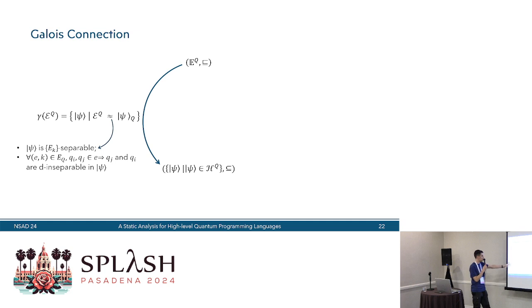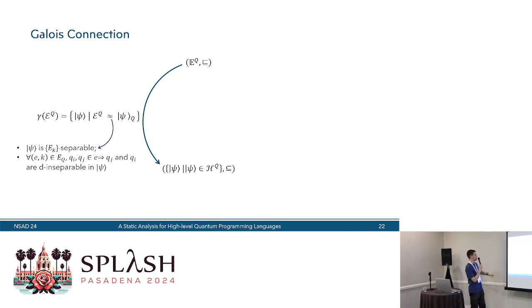In particular, this concretization function builds the set of the states that can be separated according to the bigger partition, and in which all the qubits that are inseparable are actually inseparable in the state. This means that the concretization corresponds to all the states that are properly abstracted by the abstract state.